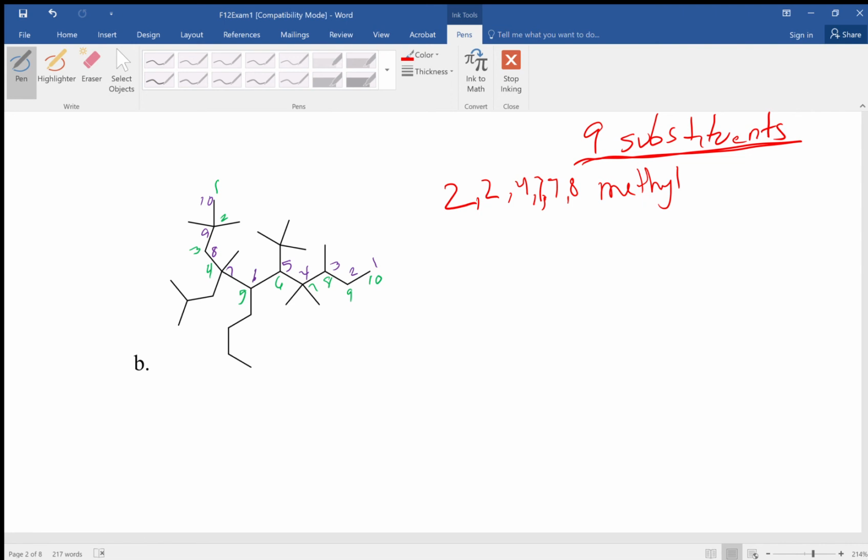So we've identified the methyl groups. What else do we have? So we have another substituent at 4, we have a substituent at 5, and a substituent at 6. I'm actually going to remove the purple numbers just so there's no ambiguity here.